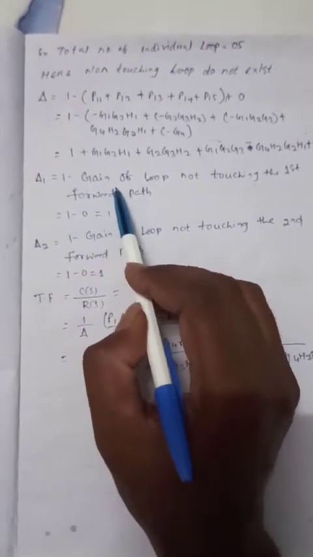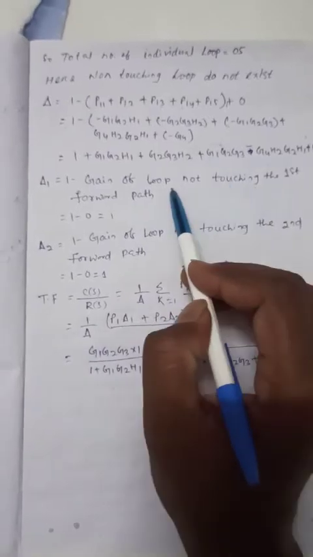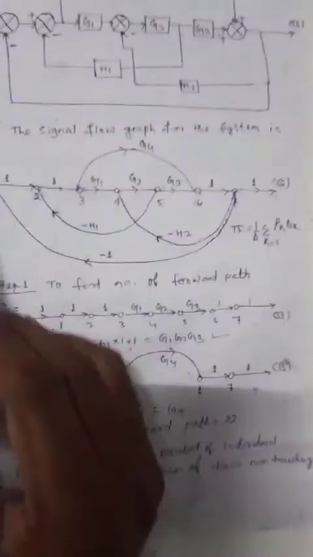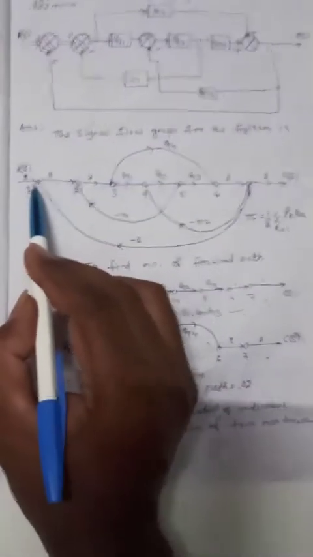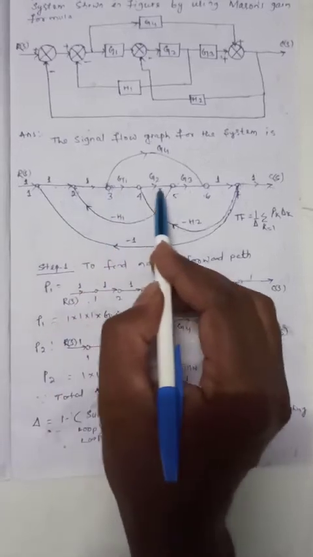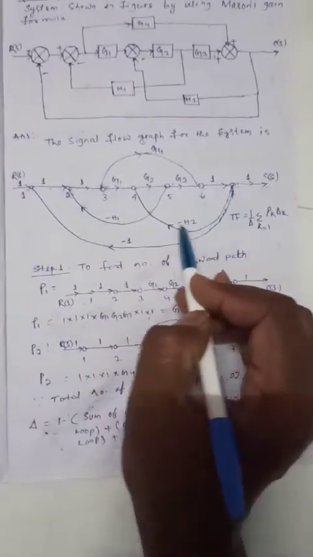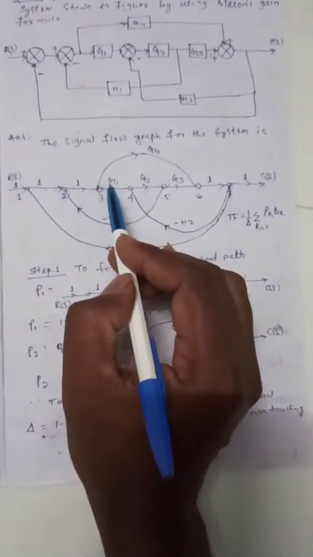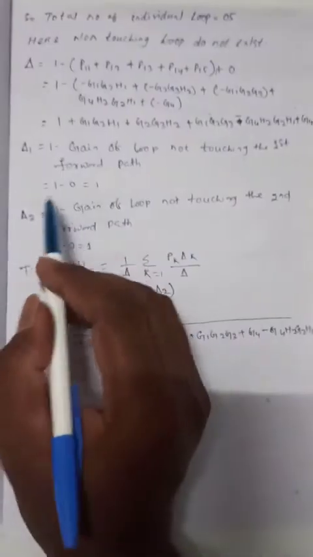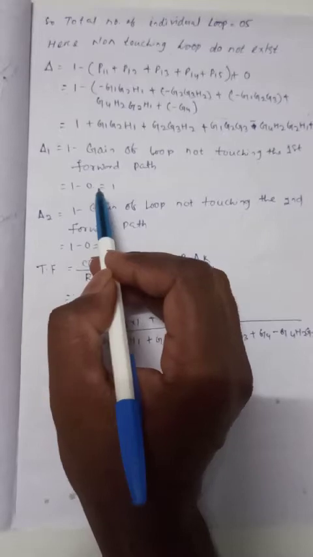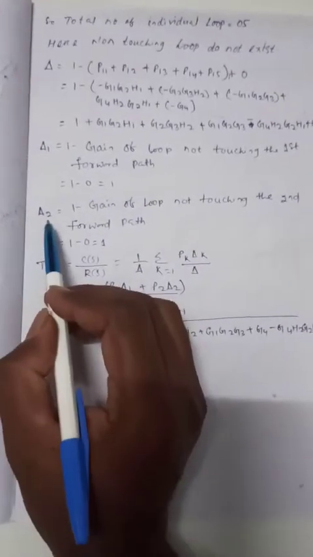Del 1 means 1 minus the gain of loops not touching the first forward path. This is the first forward path, and all the nodes are connected here, so the non-touching loop gain is 0. So del 1 equals 1 minus 0, that is 1. Again del 2.